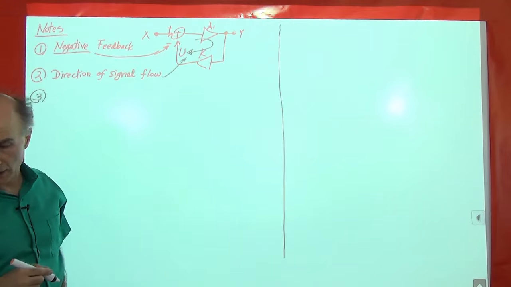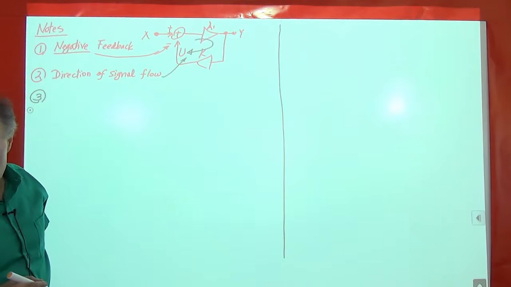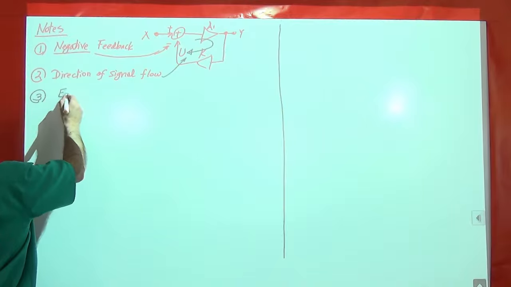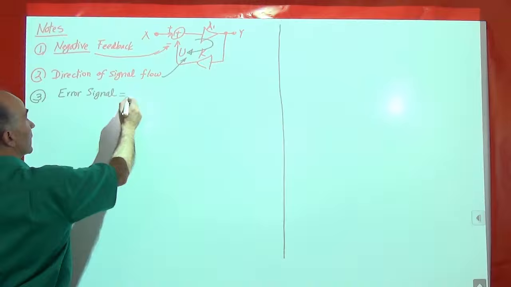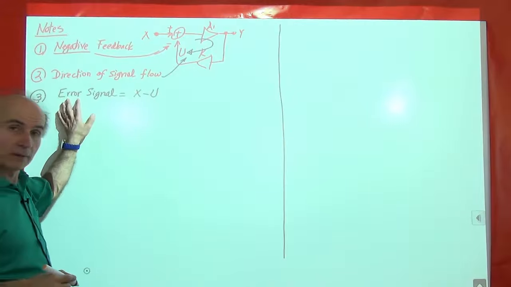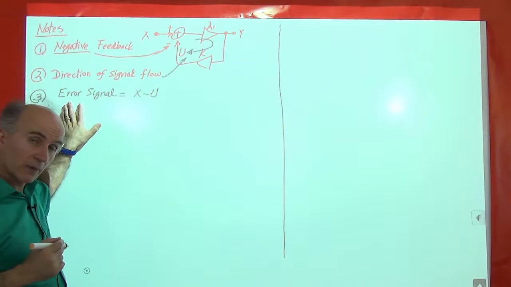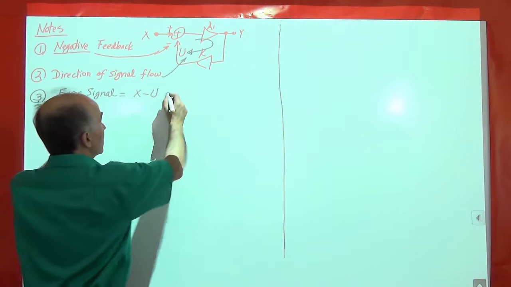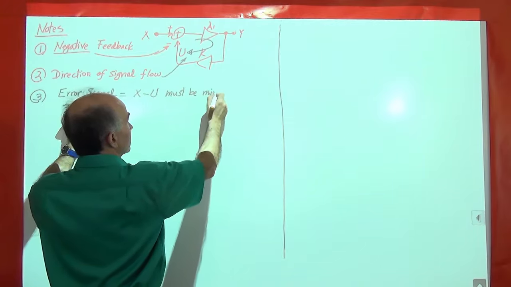All right, next we have the error signal. As I said before, the error signal is X minus U. Why do we call this error? It seems that it's unwanted, that's why we call it error, and it's true. So as we will see, we want to minimize this error, so it must be minimized.